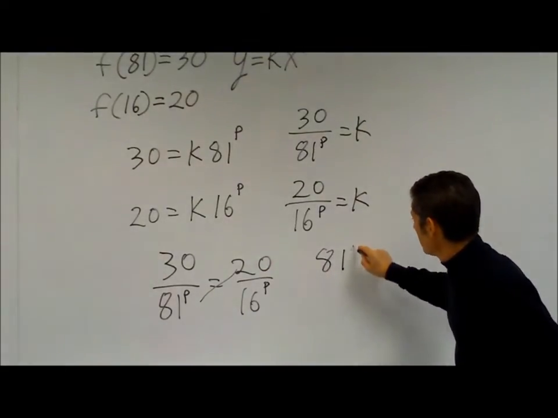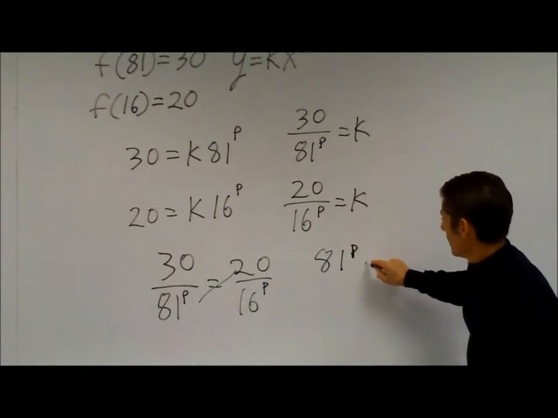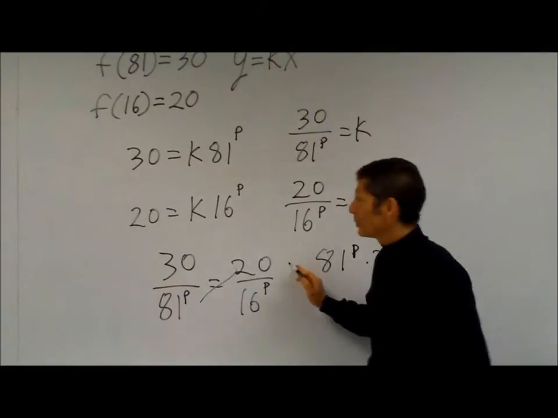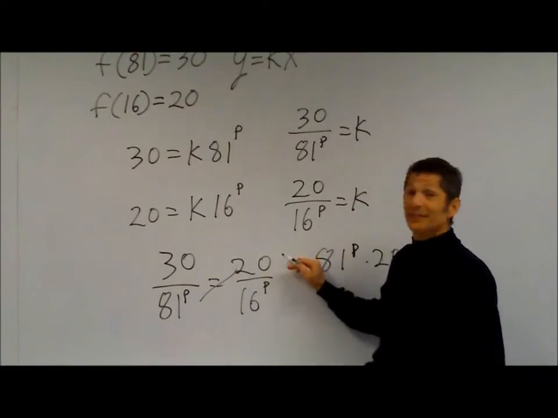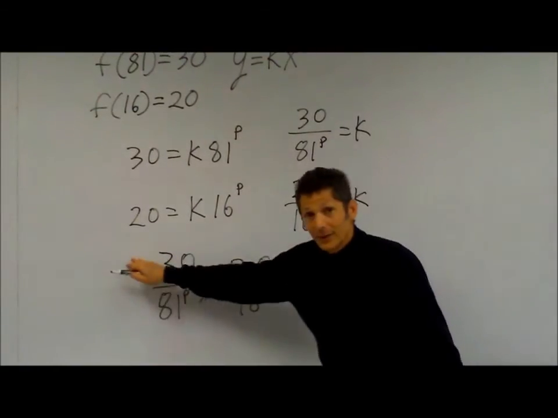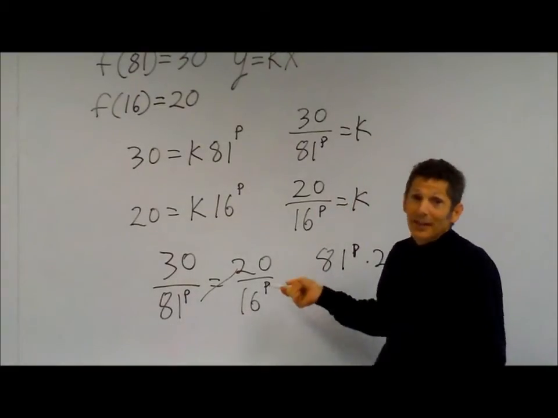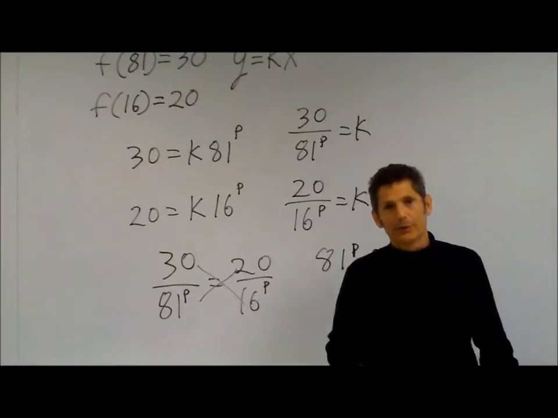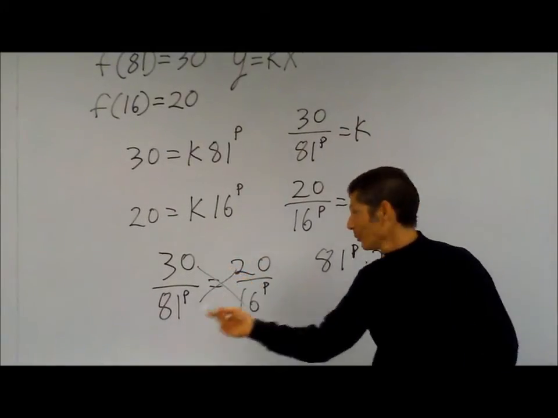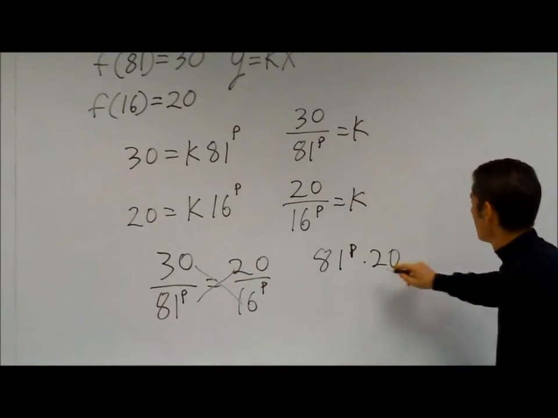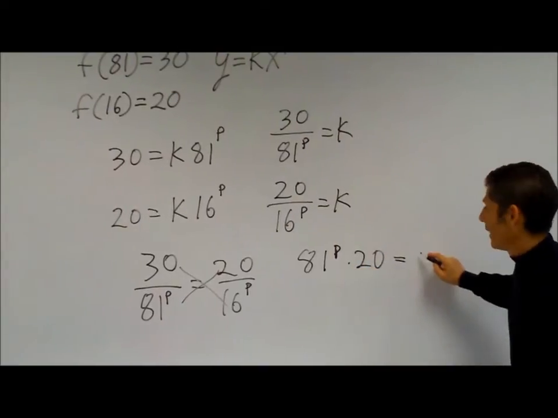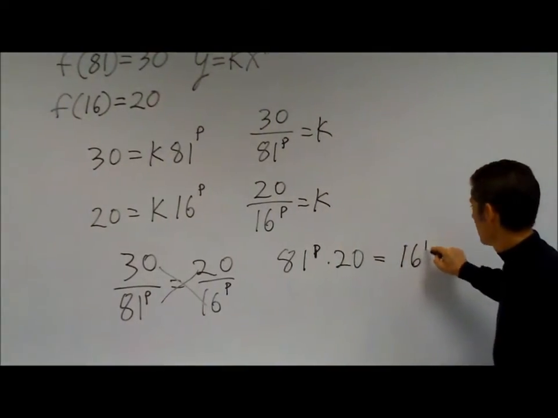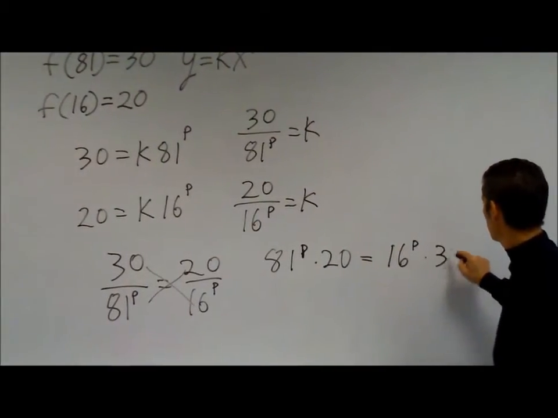So that's 81 to the p times 20, and then I'm multiplying both sides by 16 raised to the p. So that gets rid of the 16 to the p on this side, and you end up multiplying 30 by it. But if you want to say cross multiply, that's really what's happening. That's true. Let's see. So I have 16 to the p times 30.